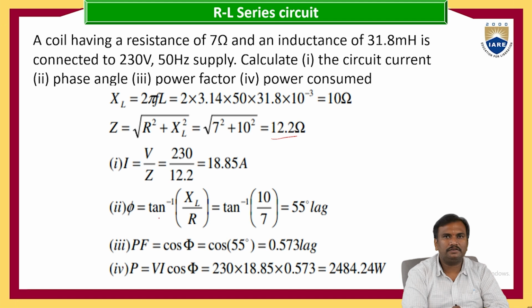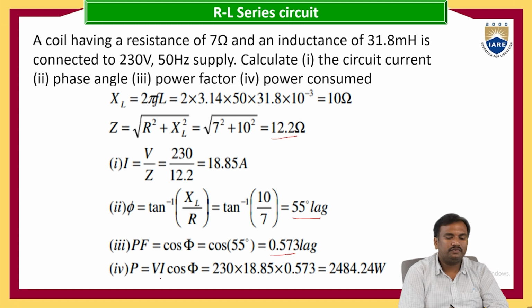Phi is equal to tan inverse of XL by R, that is tan inverse 10 by 7, that is equal to 55 degrees lagging. And power factor is equal to cos phi, that is cos of 55 degrees, that is equal to 0.573 lagging.